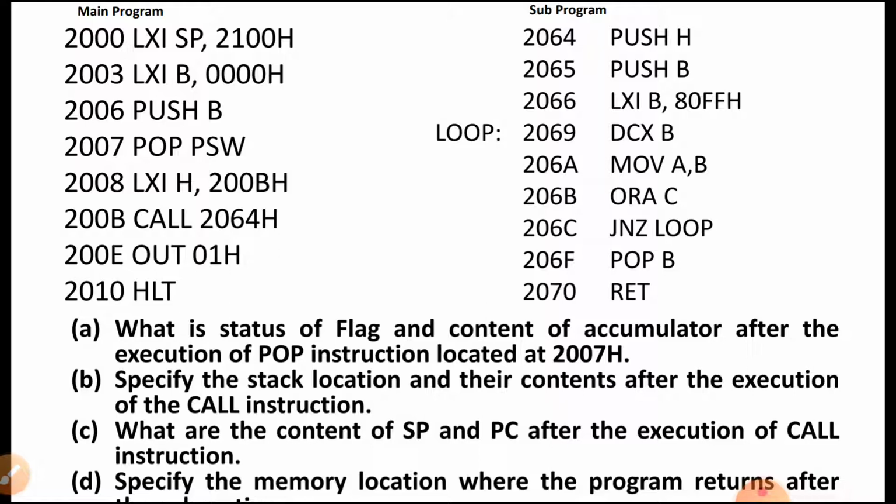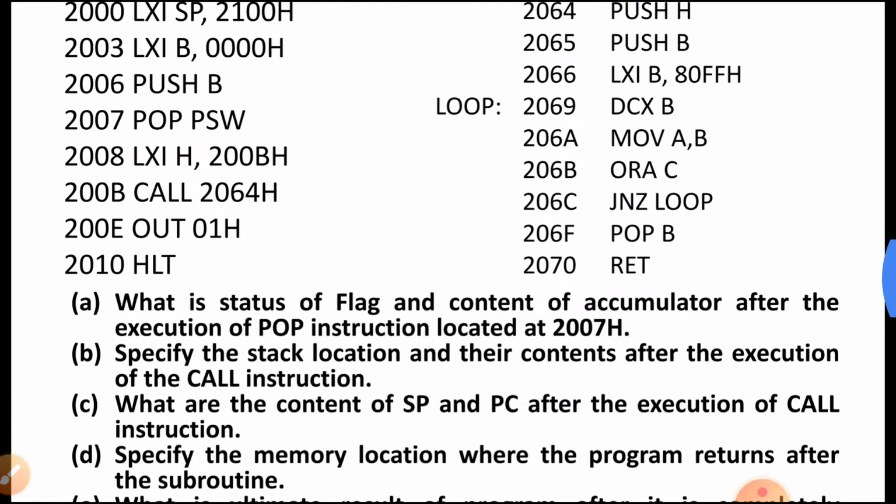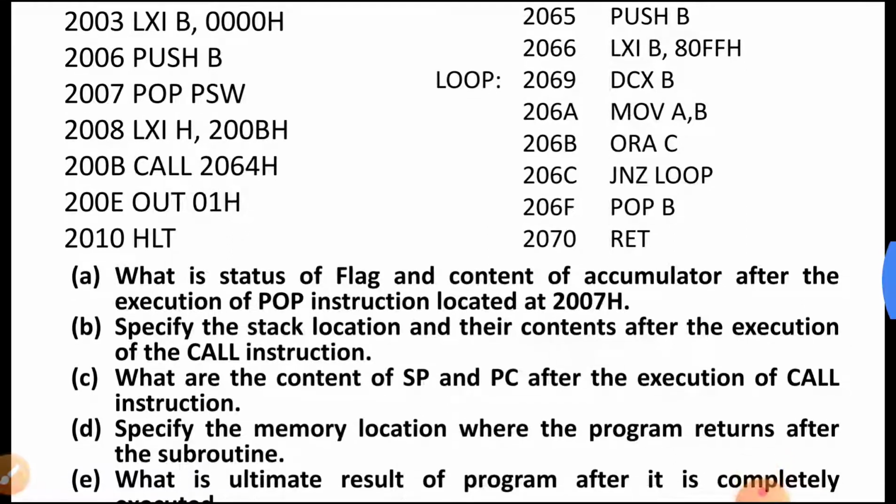Whenever a call instruction is executed, the program written at 2064 will be executed after the call 2064. But before that, the next instruction after the call instruction, that is OUT 01, whatever its address is, will be stored in the stack.